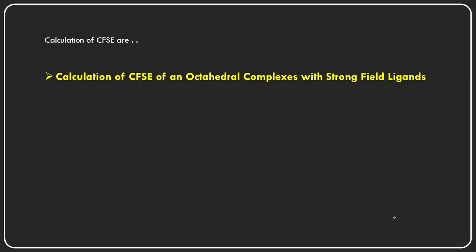So here we take octahedral complexes and strong field ligands: how, in the presence of strong field ligands in an octahedral complex, the ligand fields influence the electrons present in the d orbitals of the central metal cation. This is explained today.